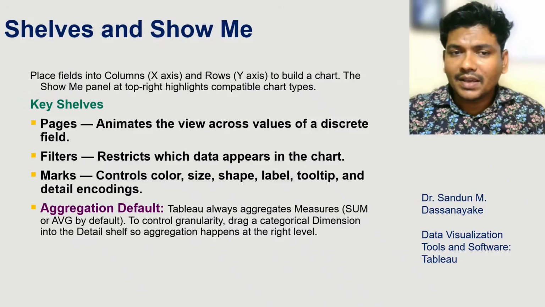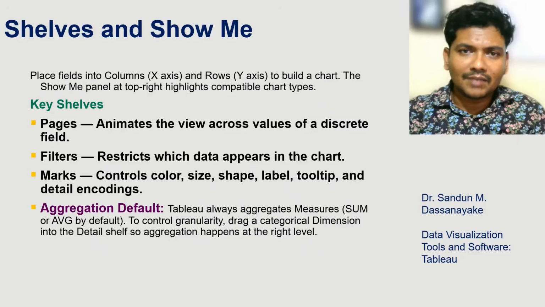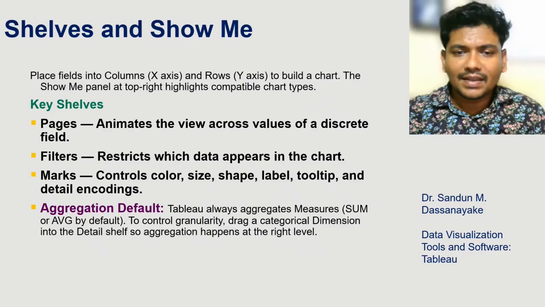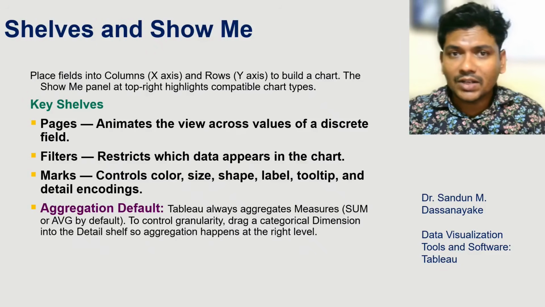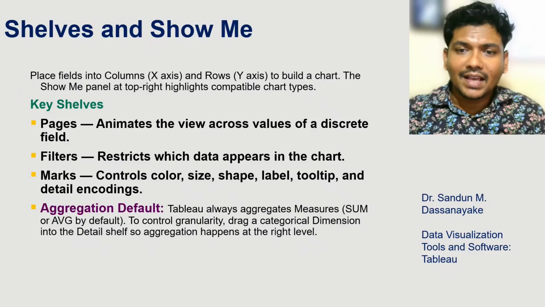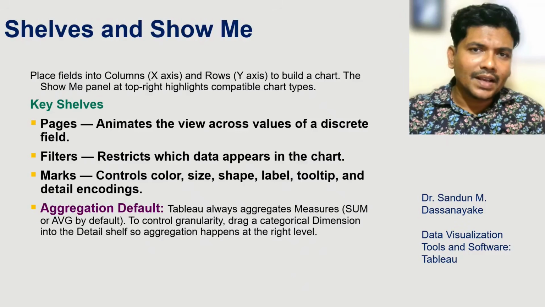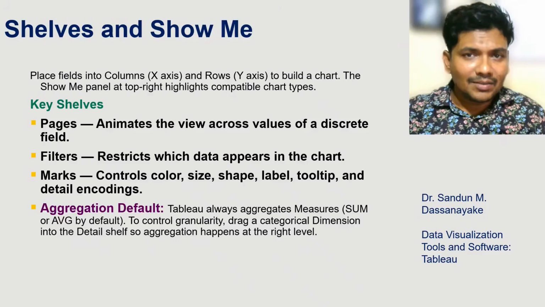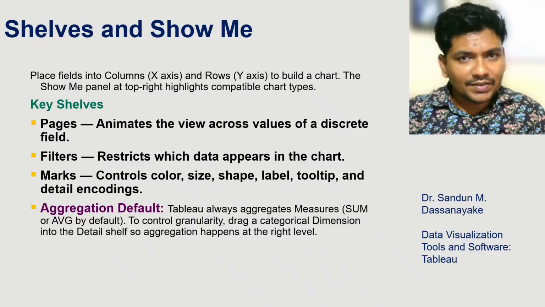Shelves and Show Me are also spaces that you find in the Tableau interface. Pages animates the view across values of a discrete field, and filters restrict which data appears in the chart. Marks controls color, size, shape, label, tooltip, and detail encodings, which you will find as I perform the lab for you. Tableau always aggregates measures.